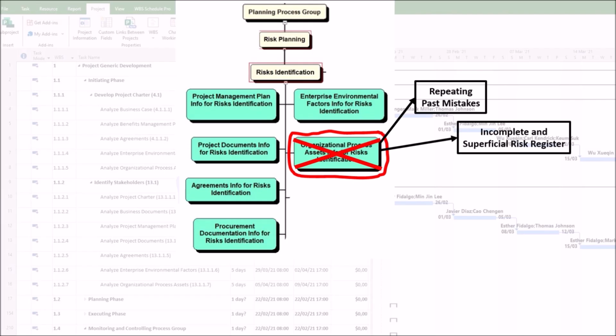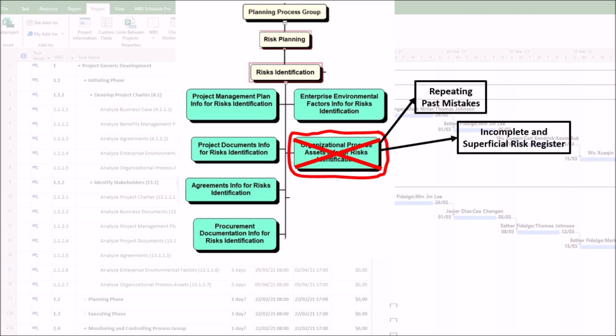2. Incomplete and superficial risk register. The risk identification becomes reliant solely on the current team's knowledge, which is inherently limited. The damage here is that the risk register will be missing critical, non-obvious risks. It will lack depth and specificity, containing only generic risks like scope creep or team member leaves, without the nuanced, project-specific threats that historical data reveals.